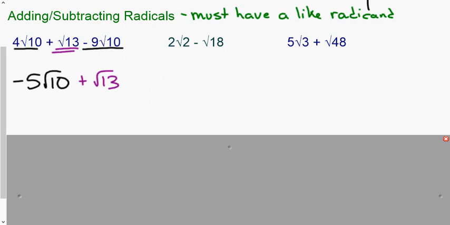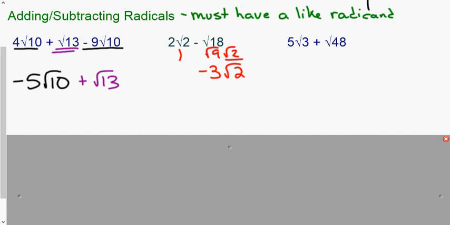When we look at the second expression, we go, oh, root 2, root 18, there's nothing in common. But before I can say I have my final answer, I always need to ask myself, does the radical break down further? Does root 2 break down? No, but does root 18 break down? Yes. So root 18 becomes root 9 times root 2. Root 9 we know is 3, so 3 root 2, and this negative tracks down with it.